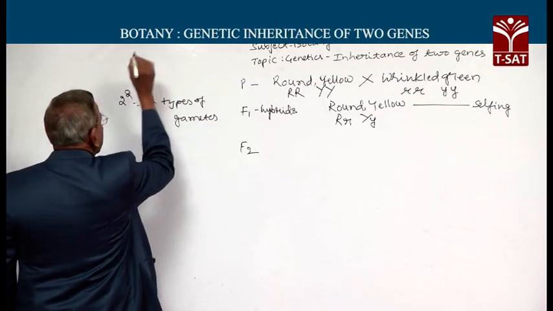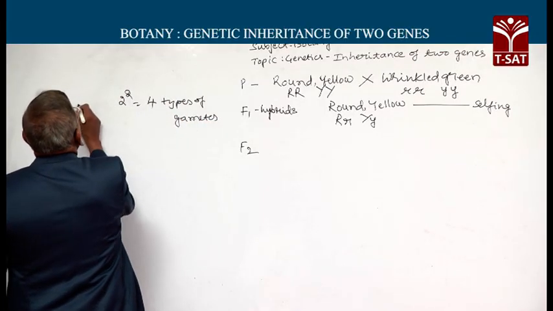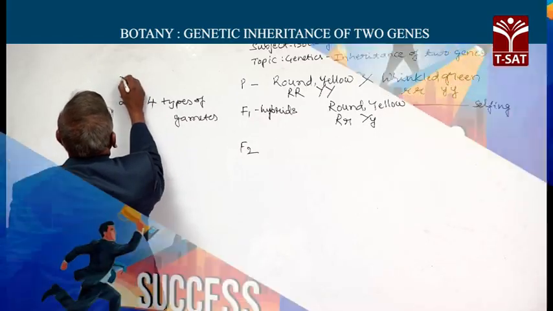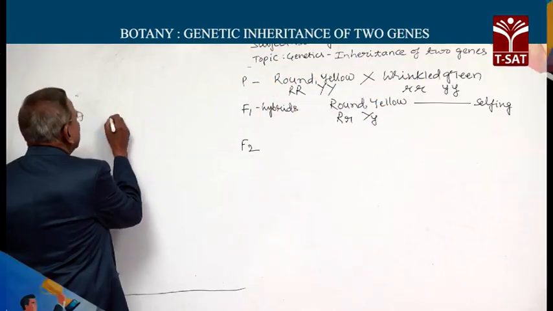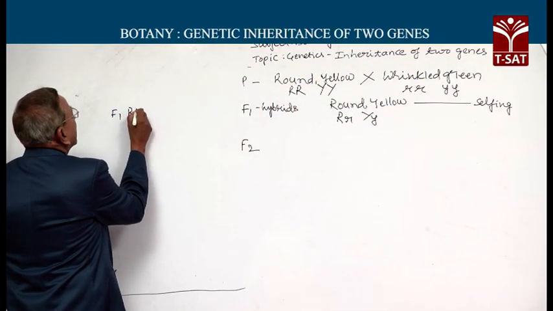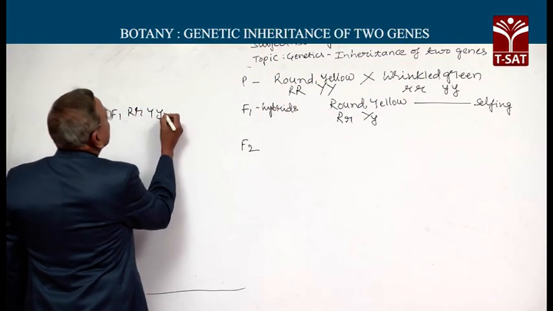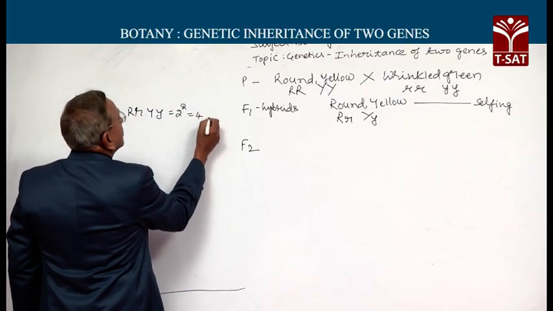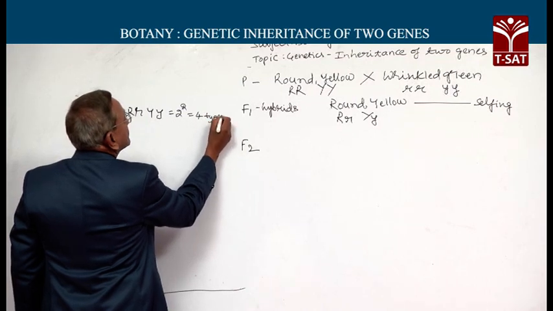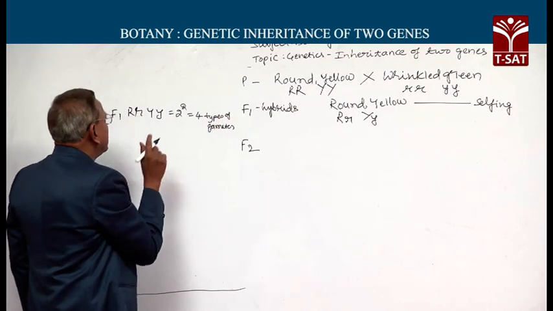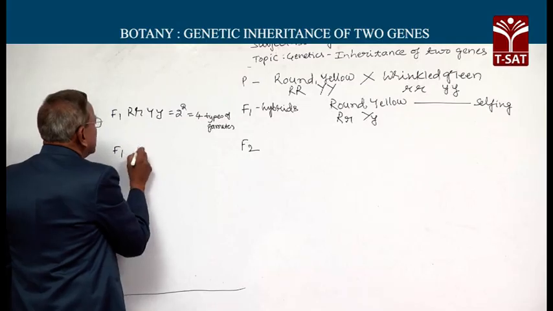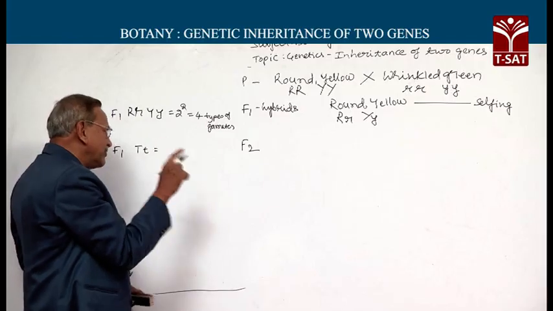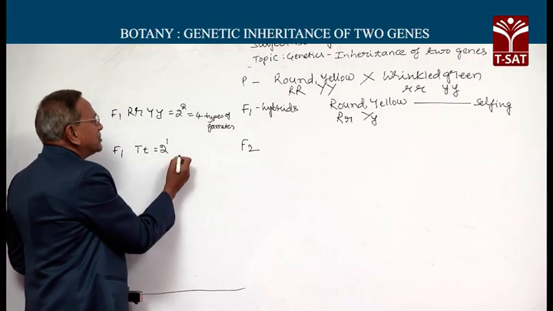If you recall the monohybrid experiment, where F1 is only capital T and small t, it is heterozygous for one pair, so it must be 2 to the power 1.